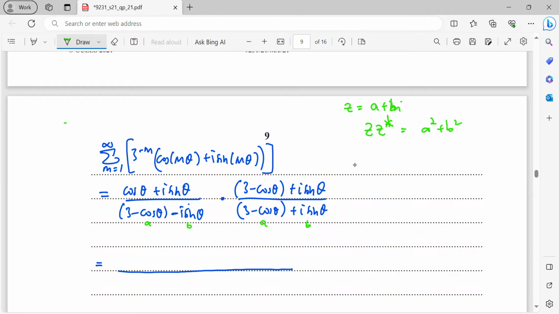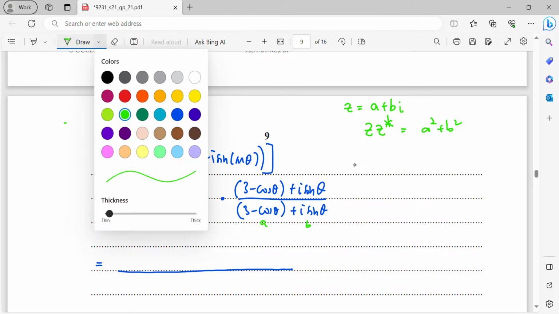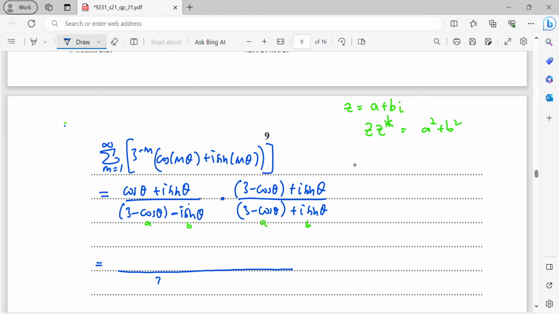Therefore, I will just use this shortcut to simplify the denominator. Then I will be getting 3 minus cos theta squared plus sine squared. Okay, but for the numerator, we have no choice, must expand one by one.